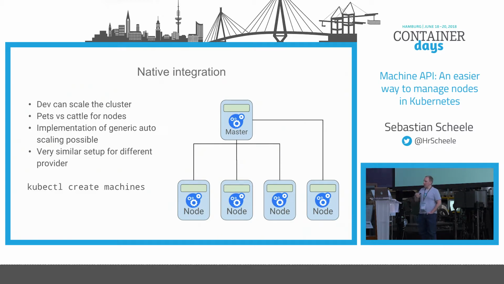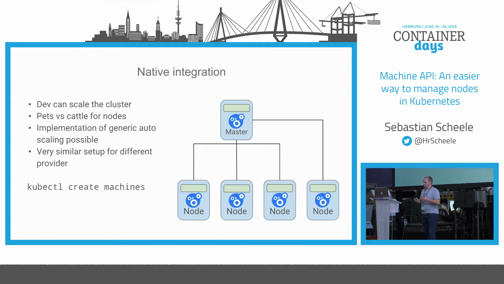And when you have this in place, you can more easily implement a generic autoscaler, because Kubernetes itself mostly knows best when it's the right time to autoscale, as it has all the information. Then you can simply create new machines, and the machine calls the API from Google, AWS, Azure, VMware, whatever.